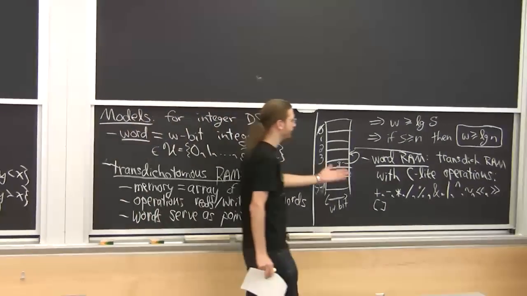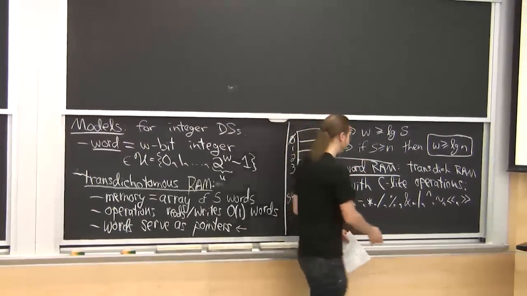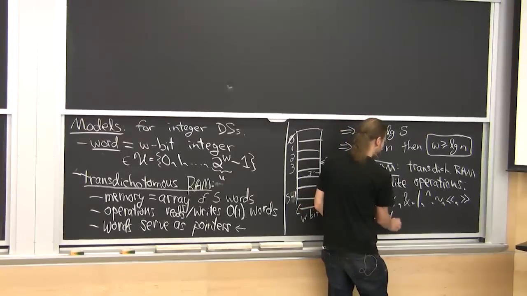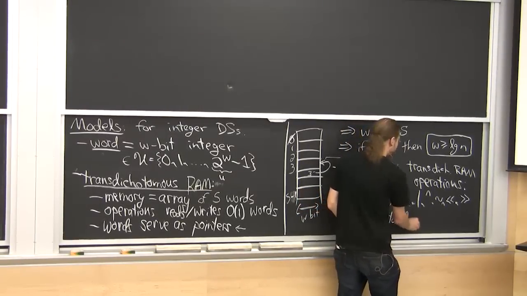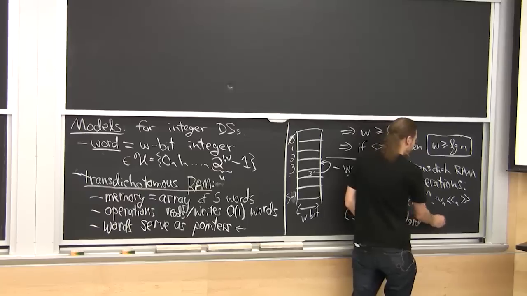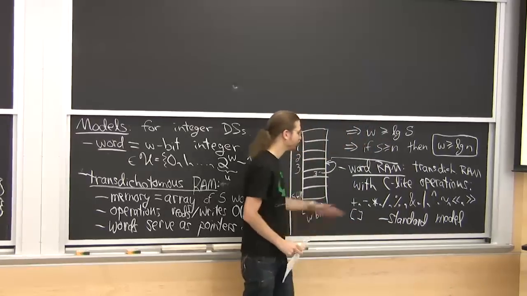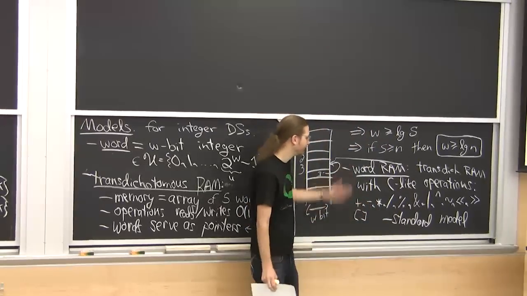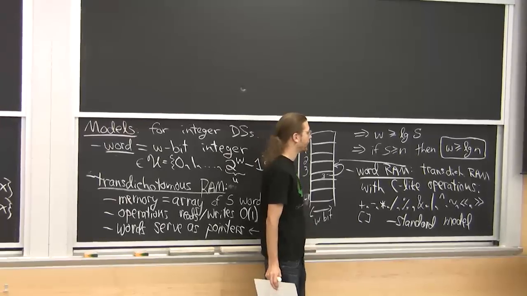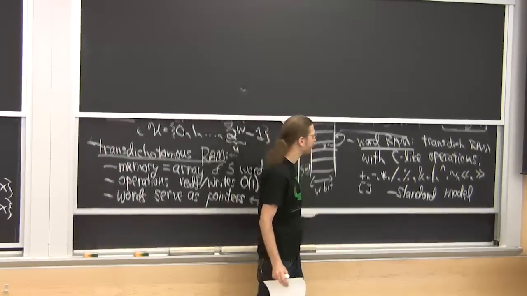Word RAM is the regular thing. This is basically the standard model that all integer data structures use. If they don't use this model, they have to say so. Otherwise, this model has become accepted as the normal one. It took several years before people realized that's a good model, good enough to capture pretty much everything we want.